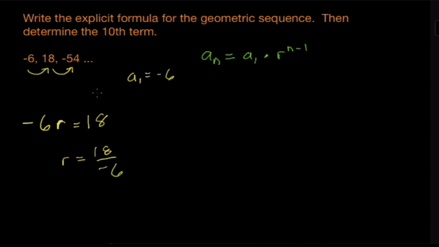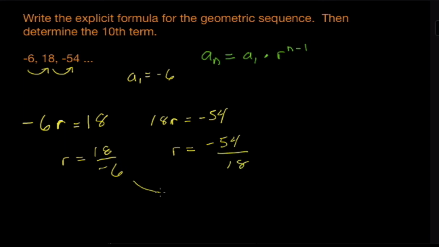And if you ask the same question, what do you do to 18 to get -54? Well, if you start out with 18 and you multiply it by the common ratio r, and you get -54, when you solve for r, you're going to get that same ratio, -54 over 18.